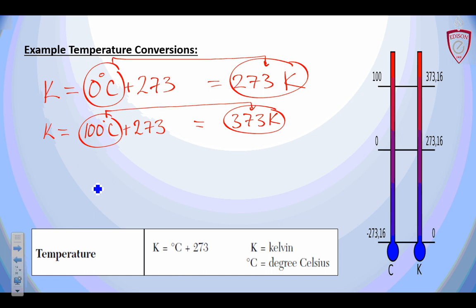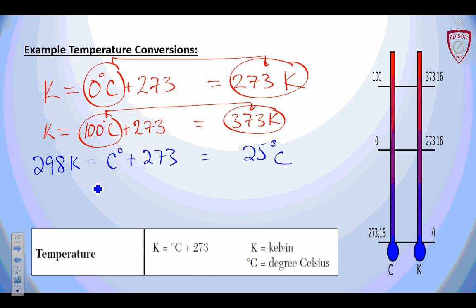All right, so here, one of the most common Kelvin temperatures we get is 298. So 298 Kelvin is going to equal some degrees Celsius plus 273. In order to solve this algebraically, I need to subtract 273 from both sides. Once I do that, I will get a Celsius temperature of 25 degrees Celsius.